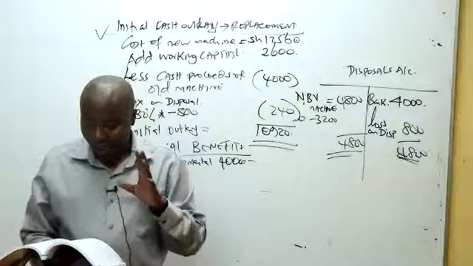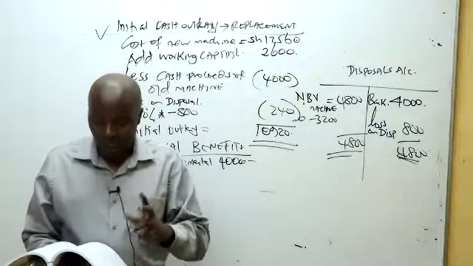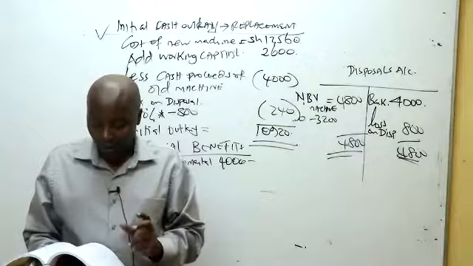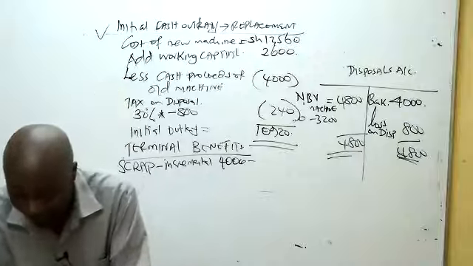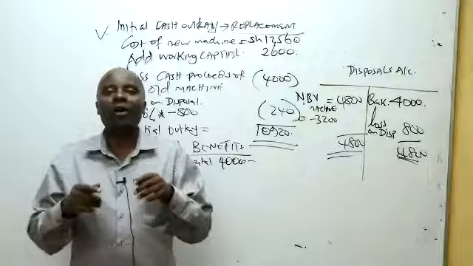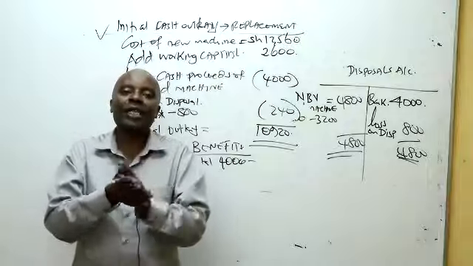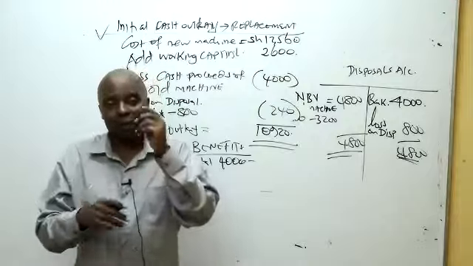However, a critical analysis of the machine now shows that it is usable for the next 5 years with a salvage value of 1.5. So if we leave this old machine to continue with us, we are assured of getting 1,500 as the scrap value for the old machine.